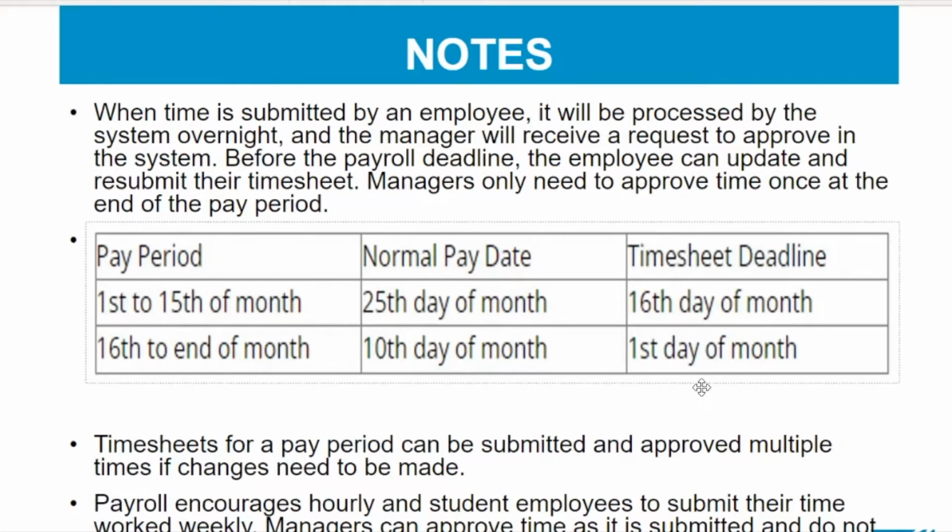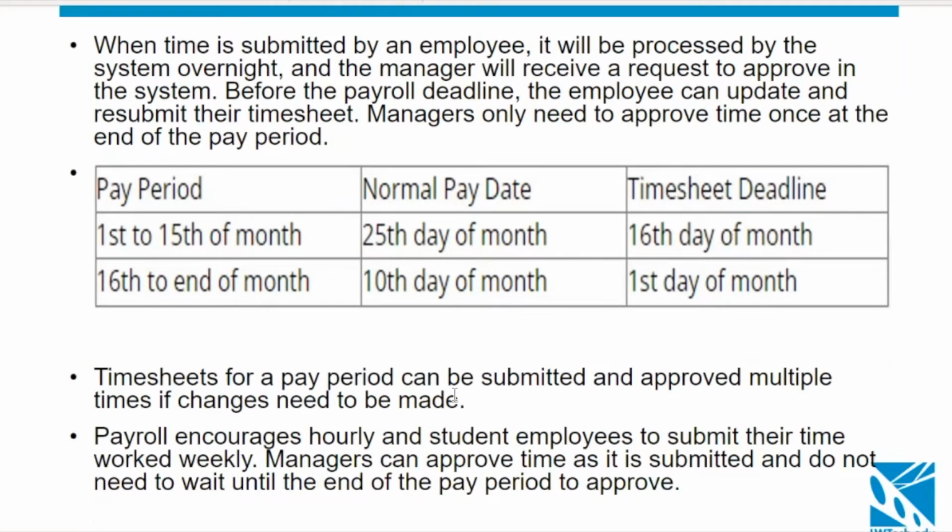The unfortunate part with missing these deadlines is that those hours will not be allowed to be submitted until the following pay period, because we will now have what's called the lockout date, and no timesheets will be accessible to even open to try to submit. So it's going to be very important that these dates are monitored for employees so that they can be paid correctly.